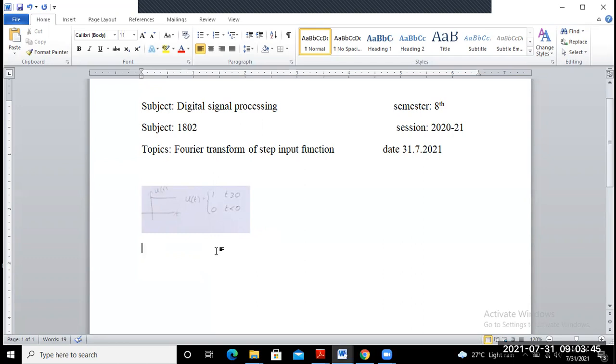It cannot be represented by a Fourier transform directly, but it may be represented near to the Fourier transform.